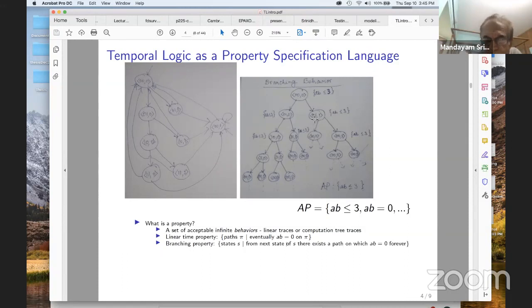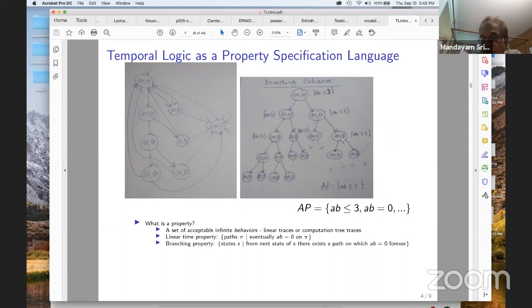Yes, it is the case, because if you look at the state 0, 1, 1, from that state, although AB is not 0 there, that state is such that indeed there exists a path from the next state onwards where AB is equal to 0 forever.